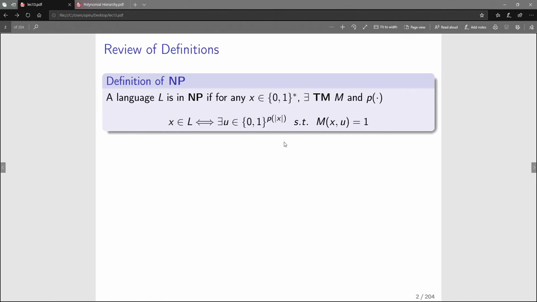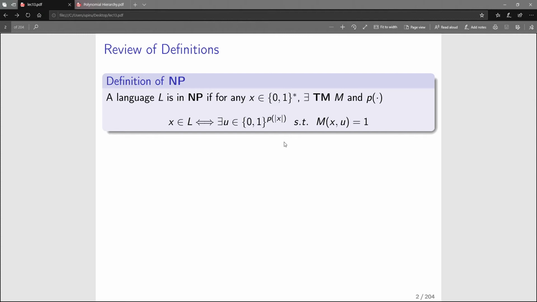A language L is in NP if for any input x which belongs to sigma star, there exists a Turing machine M and a polynomial P such that x belongs to the language if and only if there exists a certificate u of polynomial size such that the Turing machine accepts it.